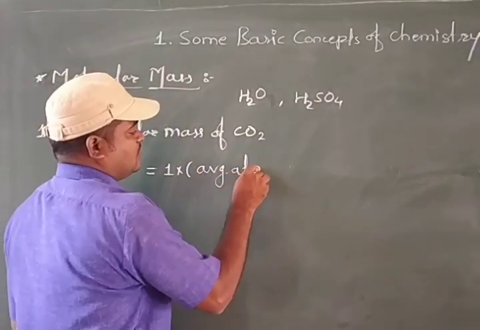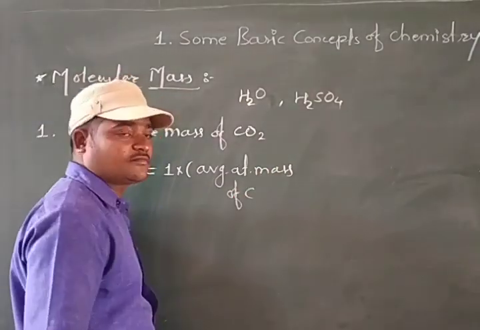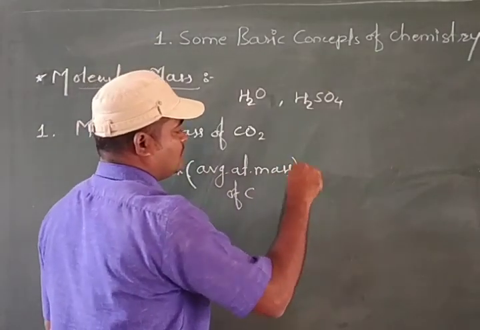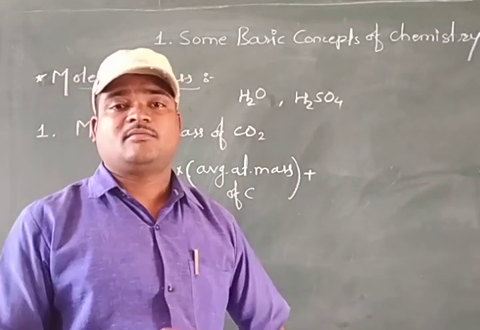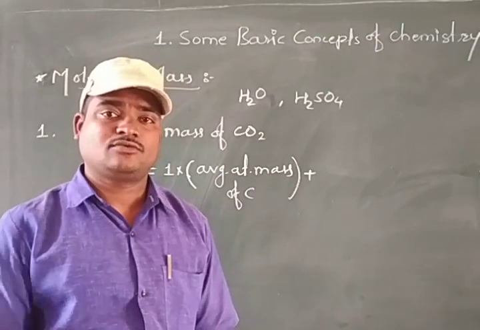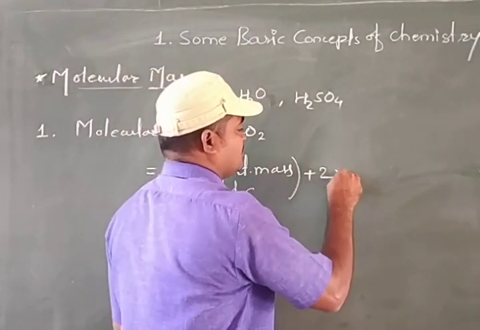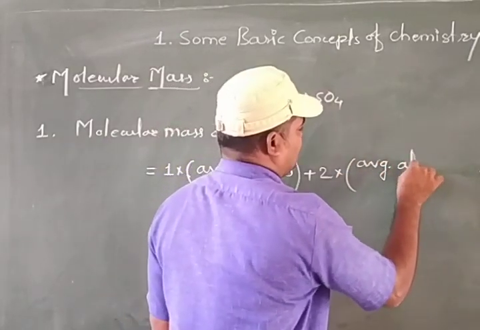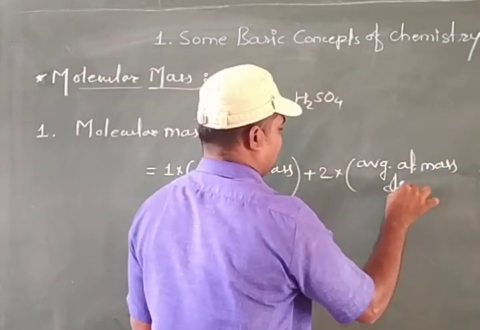Average atomic mass of carbon. And students, after this, you have to take the summation sign. And the number of oxygen atoms present in CO2, that we have to write here: 2 multiplied by the average atomic mass of oxygen.